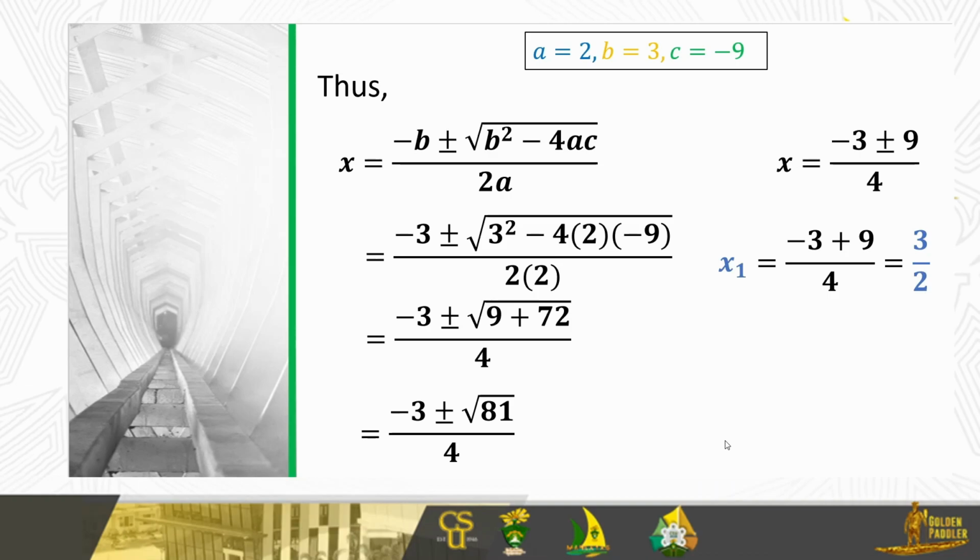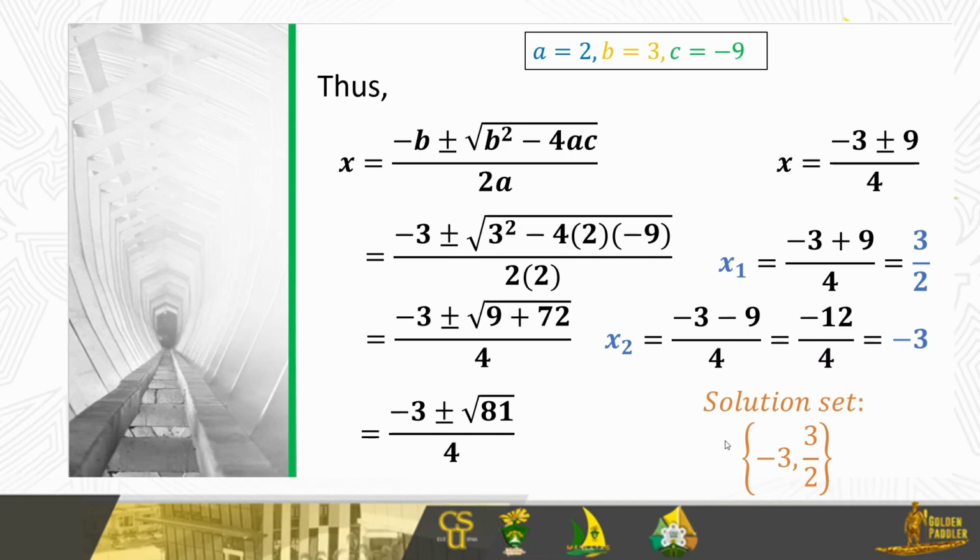These are x1 is equal to negative 3 plus 9 all over 4 because we are taking the addition, and this is equal to 3 halves. The other possible solution is x sub 2, and this is by subtracting 9. That is, negative 3 minus 9 all over 4 is equal to negative 12 over 4, and simplifying this becomes negative 3.